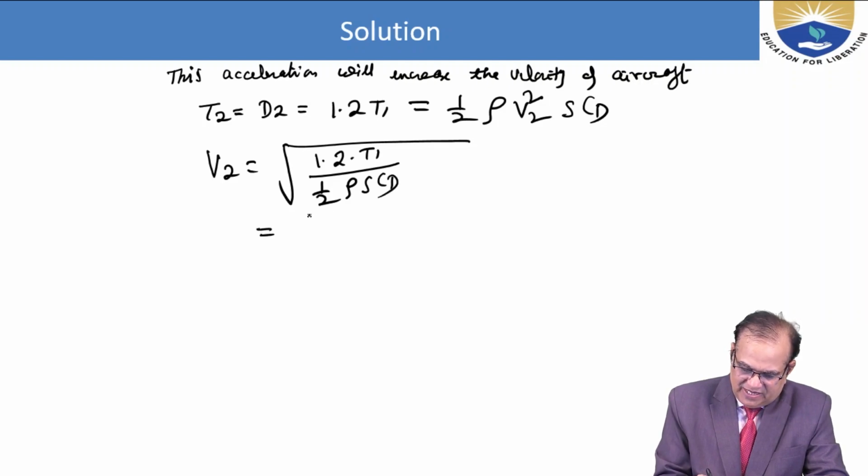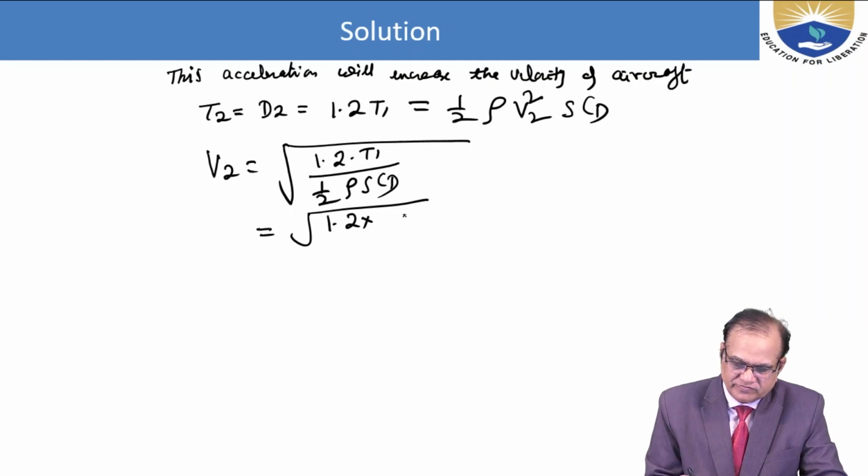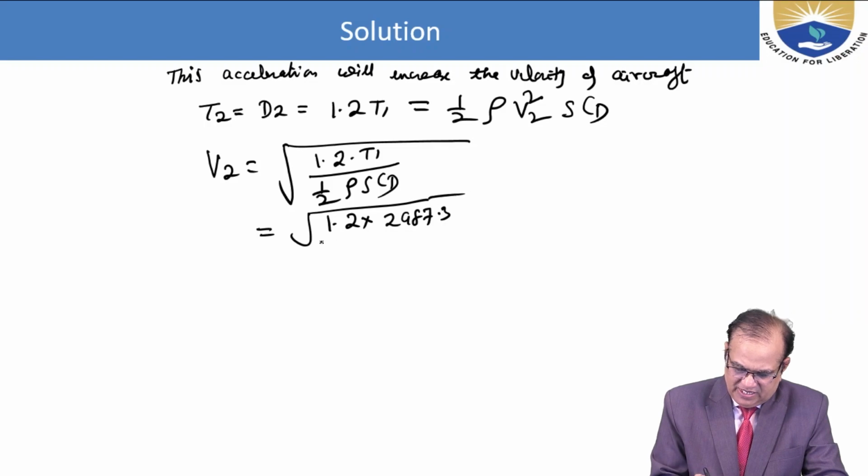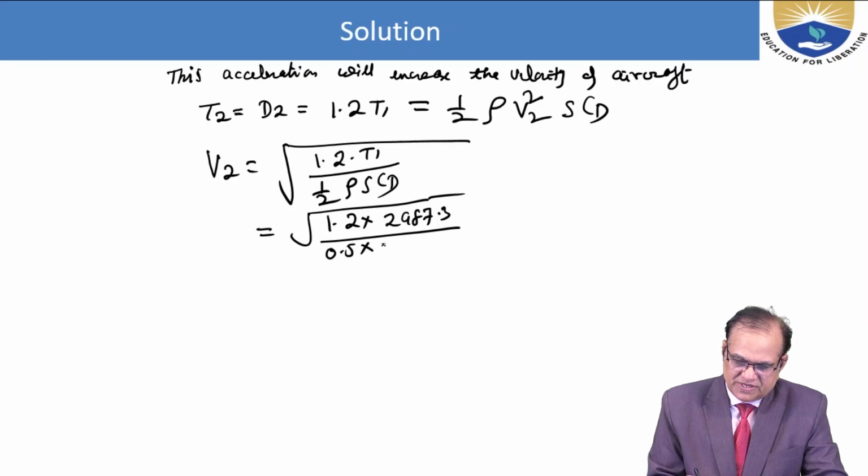So you will get here 1.2 into T1. So T1 is how much? 2987.3 divided by 0.5. Rho is equal to same, 1.225.